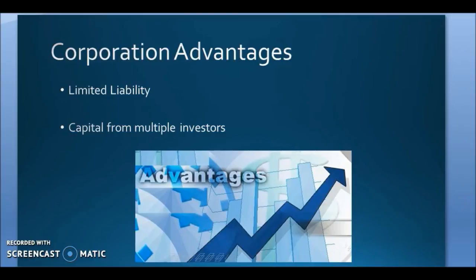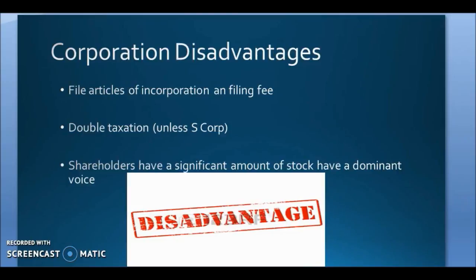Capital for multiple investors. So you have all this money coming in from all the different investors that are coming into the company as shareholders. That's another advantage. Some corporation disadvantages: you have to file articles of incorporation, and you have to pay a fee to do that. And that's different for every state, so the amount would vary.